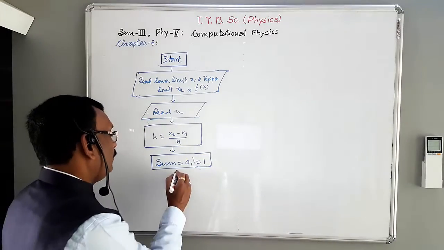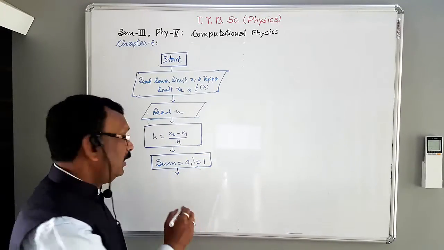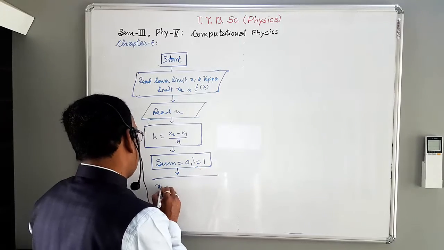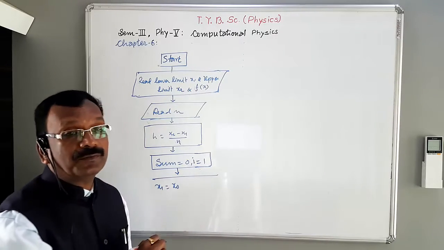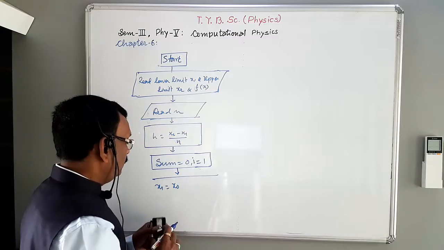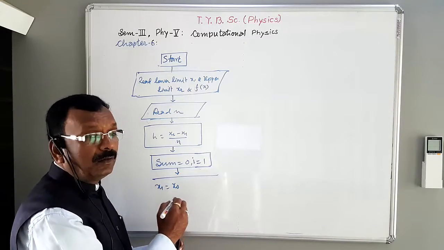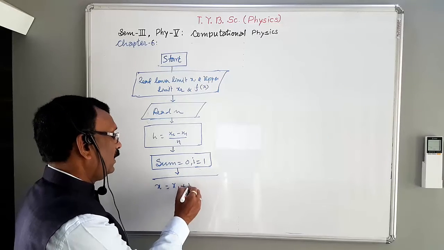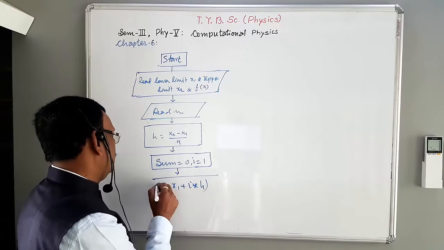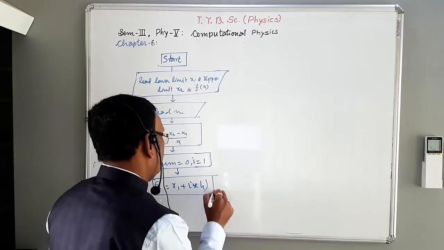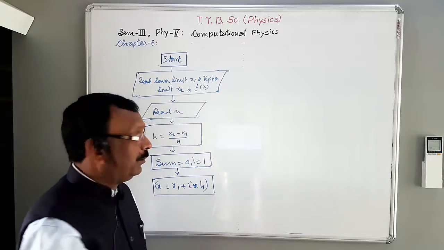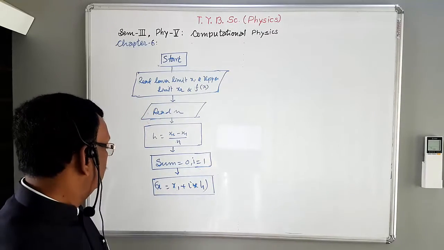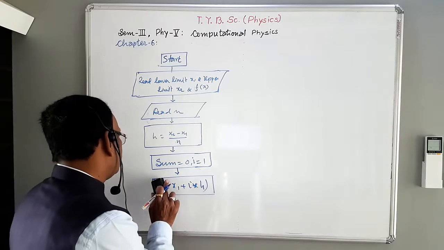Okay. Then we have to use the formula. Which formula? x0 is equal to x1. Okay. Or simply x is equal to x1 plus I into h. By using this formula we can calculate the value of x.